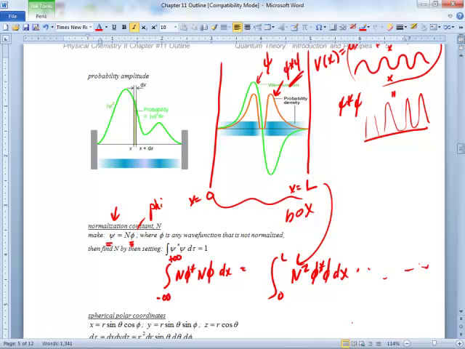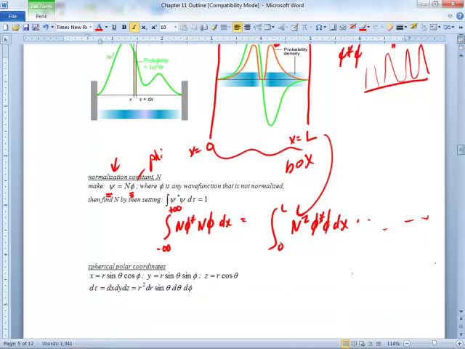Now our life will also be easier if we stick to spherical polar coordinates. The integrals are easier. A lot of life is just simply easier. So that's why you may not see very much x, y, and z later on in the homework as they get more complicated.